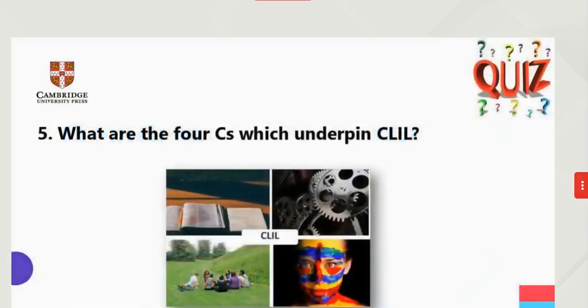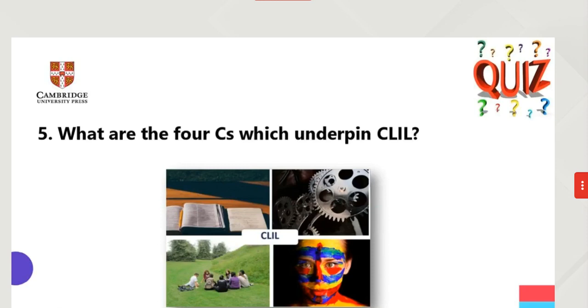Okay, next question. What are the 4 C's which underpin CLIL? So what are the 4 C's? And each one of the 4 C's I've represented here on the slide in these 4 pictures to help you. So the 4 C's of CLIL, the framework which underpins CLIL lessons.